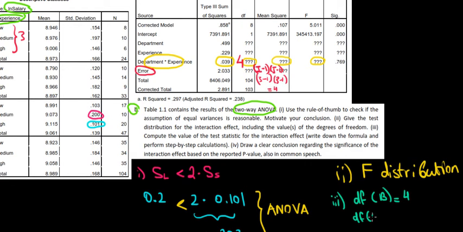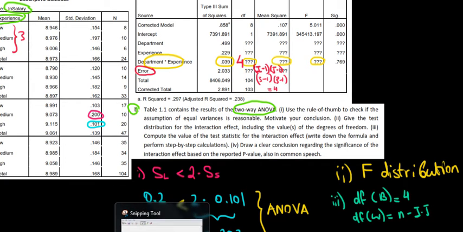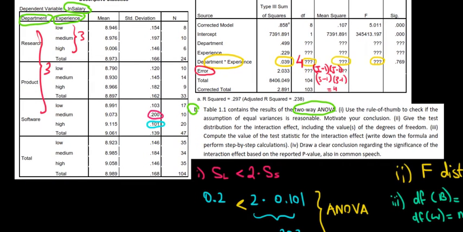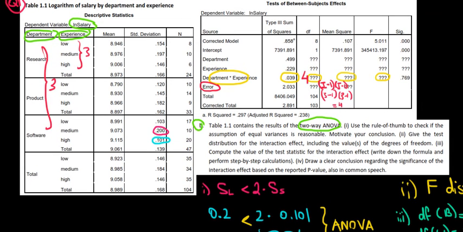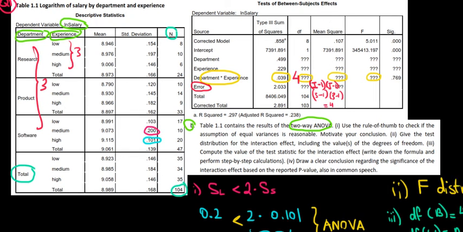The degrees of freedom within groups must be the number of observations minus the product of the number of groups. How many observations do we have in total? We look at the descriptive statistics to find that. Anything that describes our data, we look in this table. We're interested in the total, and we can see that the total number of observations is 104.